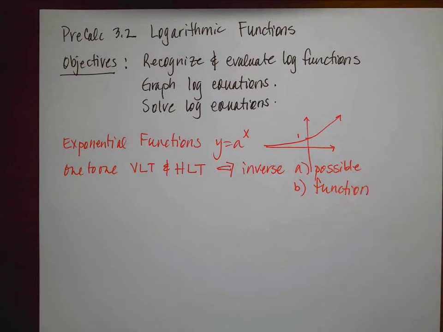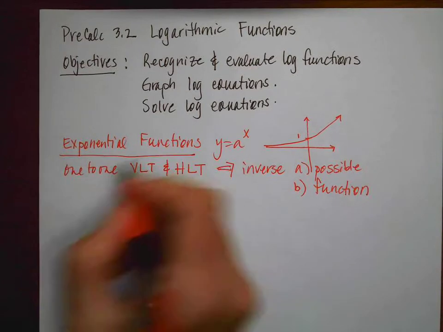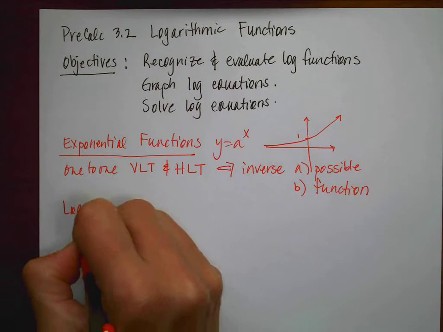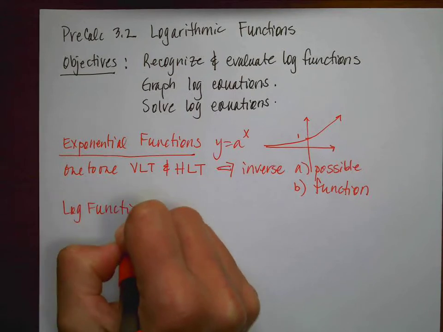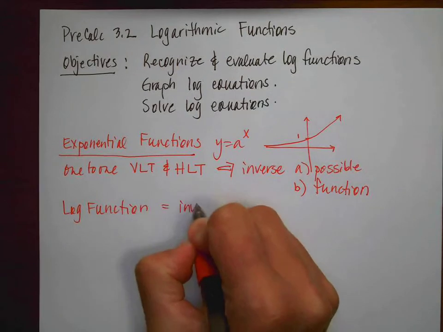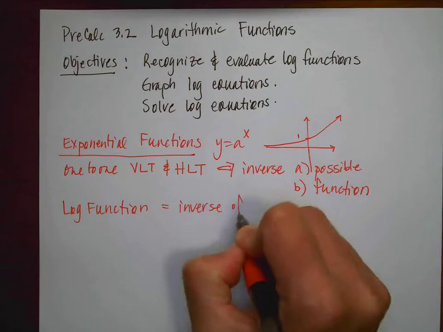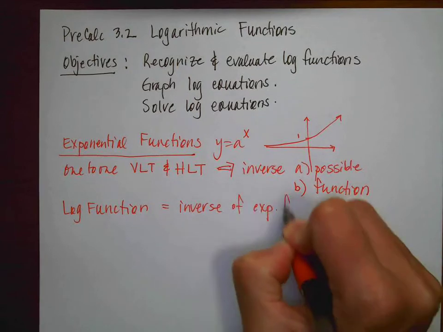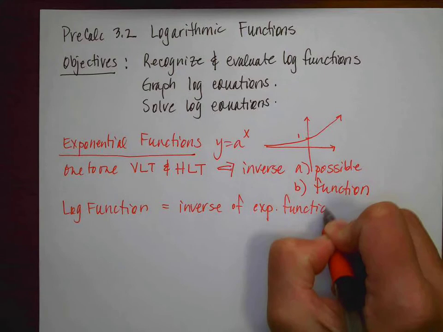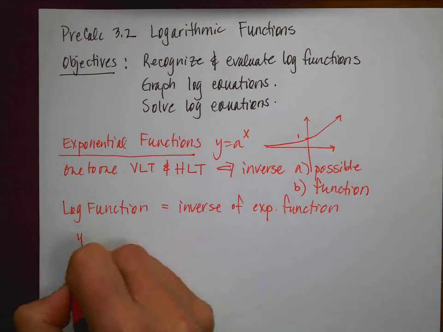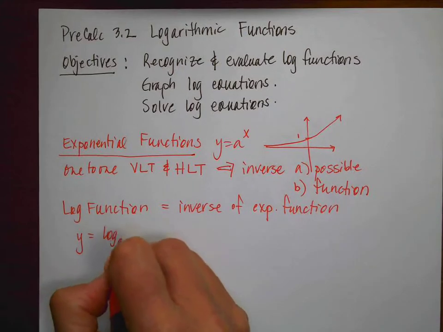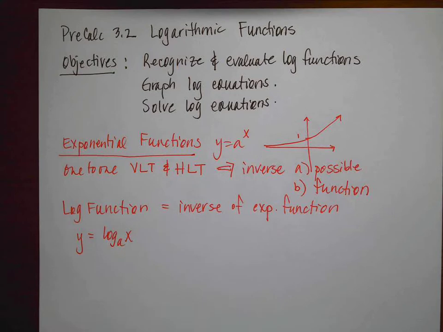Well, it just so happens that the log function is the inverse of the exponential function. So that's kind of cool. The log function is y is equal to the log base a of x.